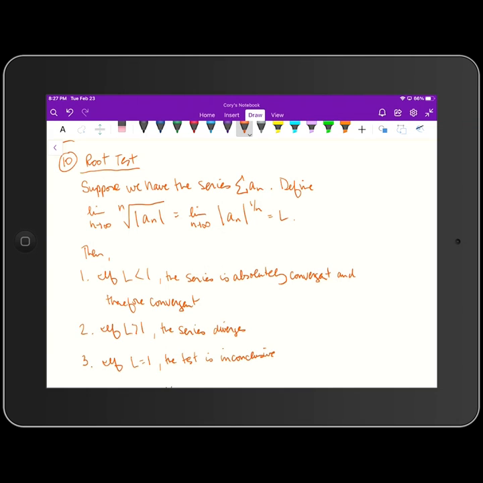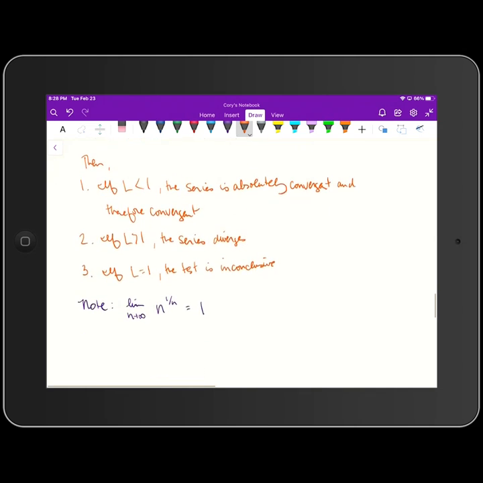And if L is equal to 1, that's the worst case scenario, which means that the test is inconclusive. So the work that you used with the root test was for nothing because you have to use another test to determine if the series converges or diverges. Again, your three possible outcomes are exactly the same as with the ratio test.